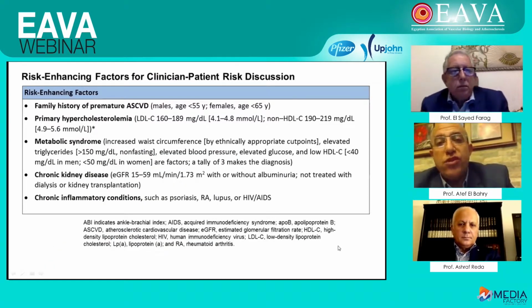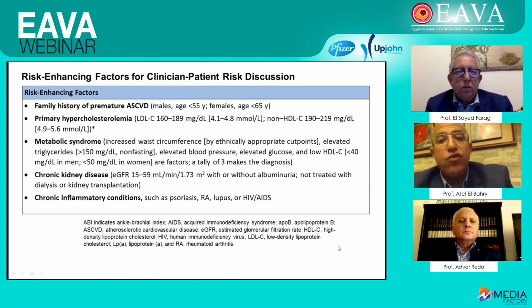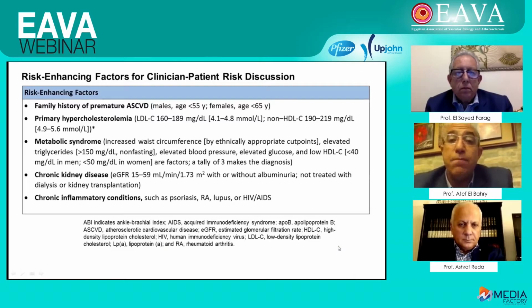A very important sector came to the stage in the latest guideline, which is the risk-enhancing factors for clinician-patient risk discussion. And as Professor Ashraf declared in his very elegant presentation on genes, we can take from it the clinical part, which is the family history of premature atherosclerotic cardiovascular disease. Already this is a reflection of the genes. Premature atherosclerotic cardiovascular disease is male below 55 or female below 65 years.